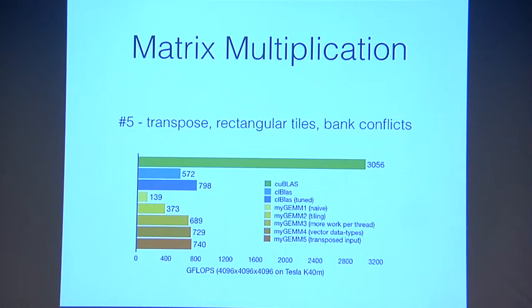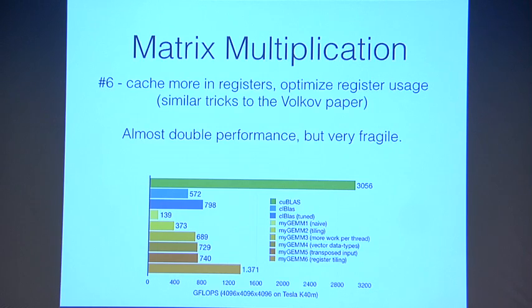All right, kernel number 5, he does some transpose, some rectangular tiles, and takes care of bank conflicts, in the same way that we did. Gets a small increase, from 729 to 740 gigaflops. Then optimization number 6 is, okay, let's put more into registers.